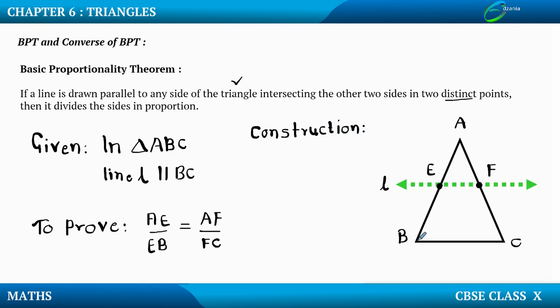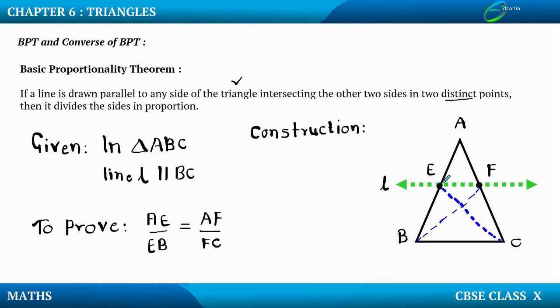The construction over here is, we are supposed to join BF, first construction, then we are supposed to join EC. BF and EC we have joined. This is the first and second construction. One more construction is there. So the construction as of now is join EC and BF.